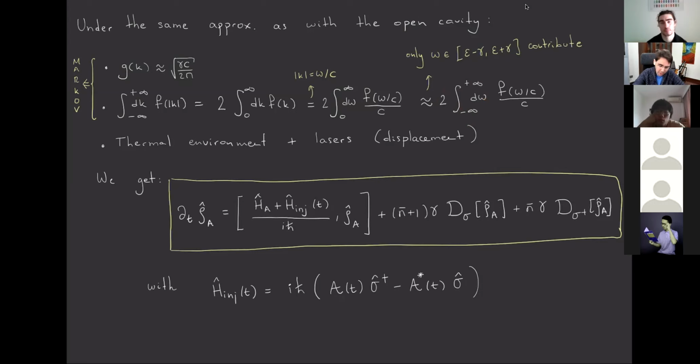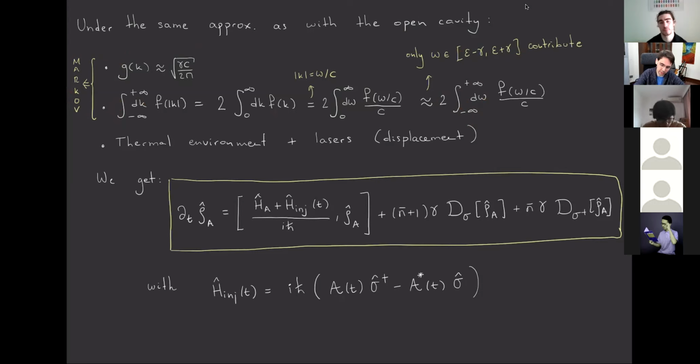Then, as we saw with the cavity, we expect that these 2 approximations will imply Markov. That is, at the end we will get a time-local master equation without having to invoke any more approximations.